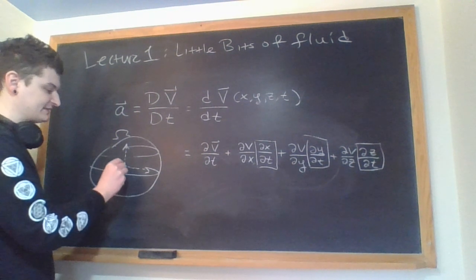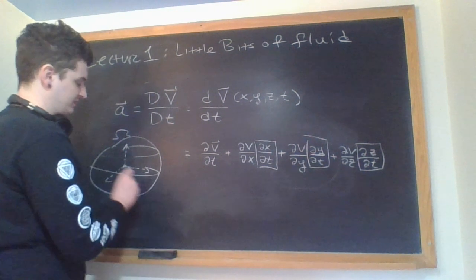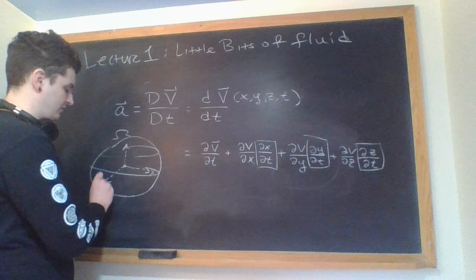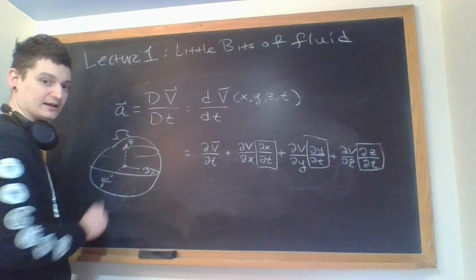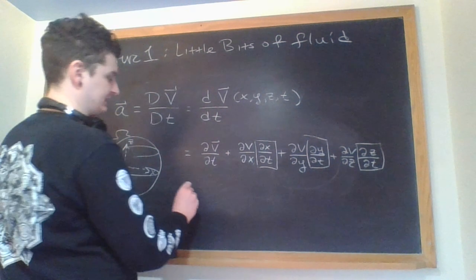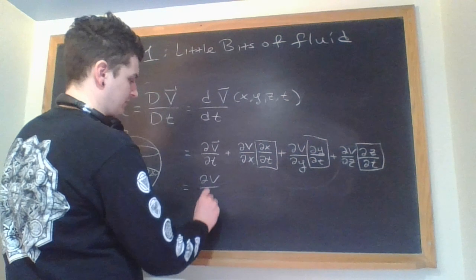So this point itself has some components: an x velocity, a y velocity, and a z velocity. That's exactly what these are.